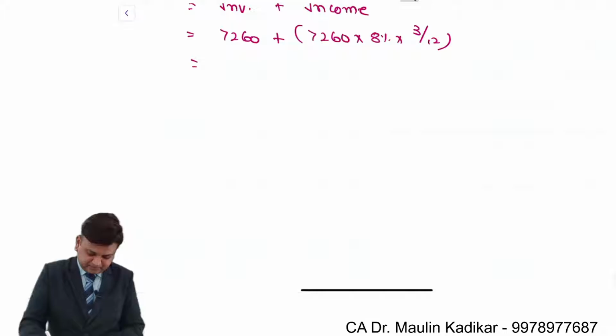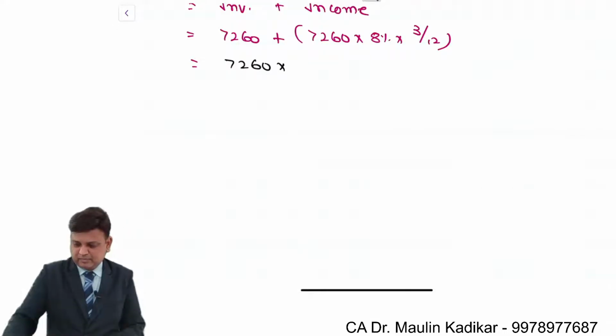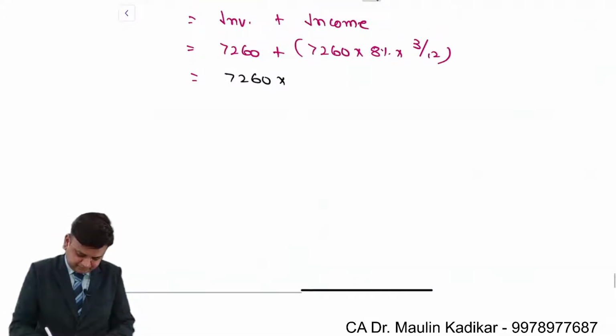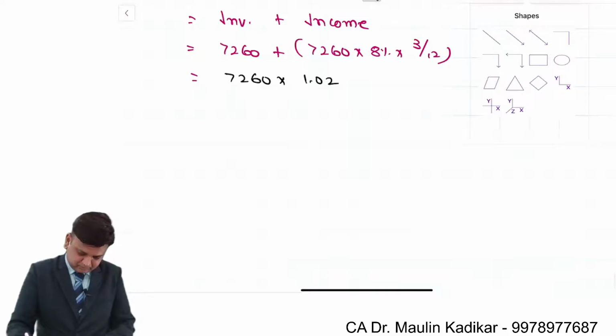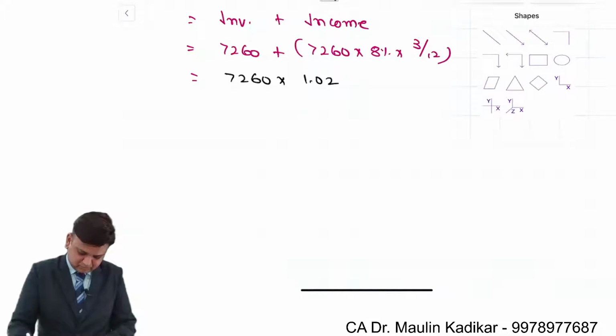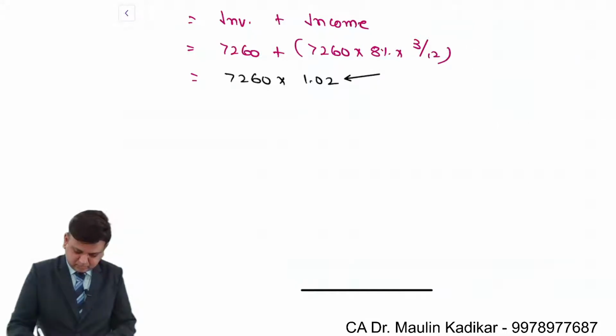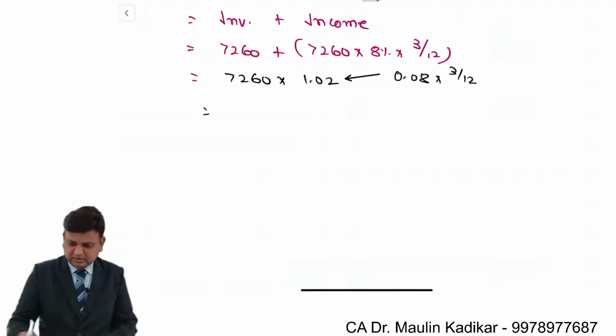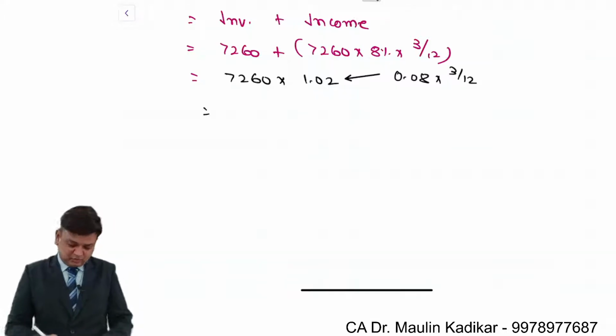So over here, 2 percentage, 0.08 into 3 divided by 12. 7405.2.